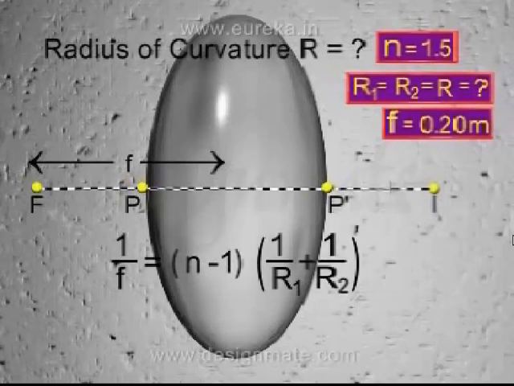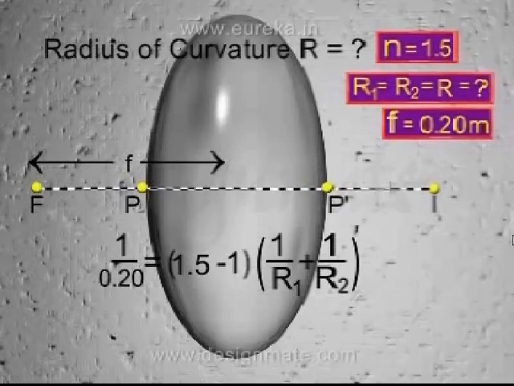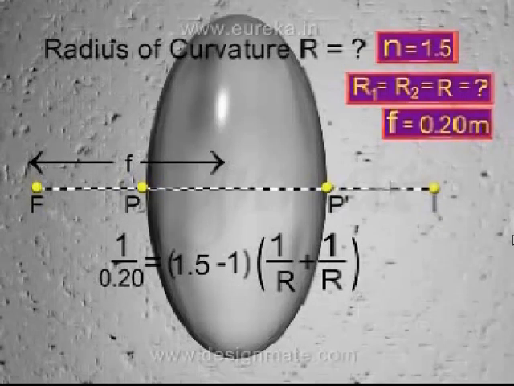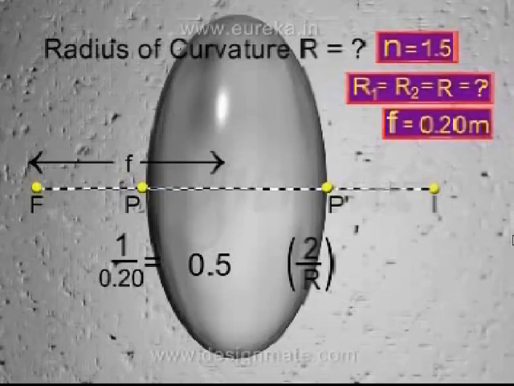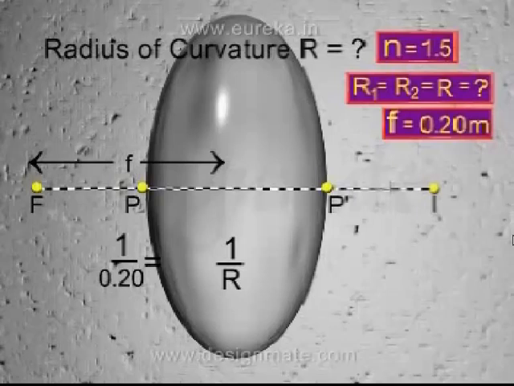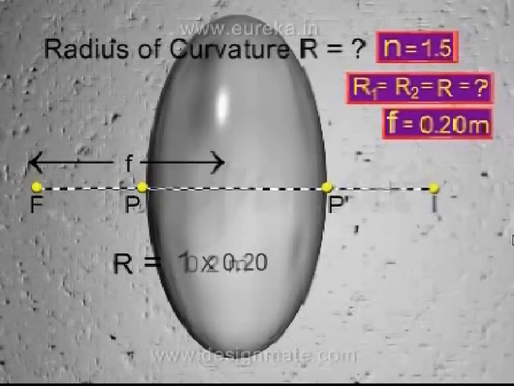Using lens-maker formula, 1 upon 0.20 is equal to (1.5 minus 1)(1 upon R plus 1 upon R). Therefore, R is equal to 0.2 meters.